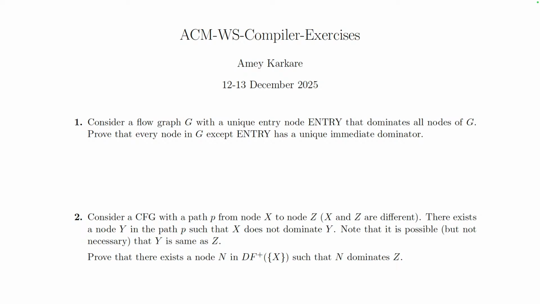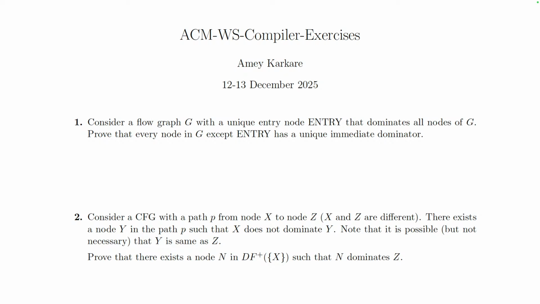Don't go fast. I don't know what the answer is, so let's do it step by step. Let's first think about such an i. Is it possible that xi minus 1, basically the predecessor, is dominated by x and xi itself is not dominated by x? Can you prove existence of such an i?